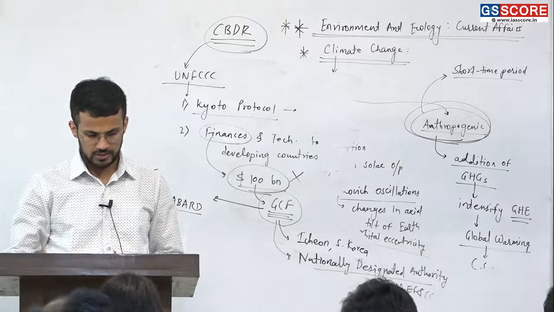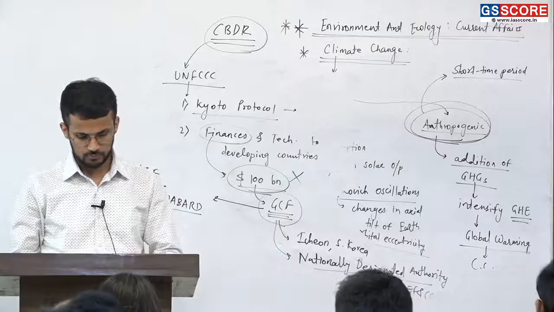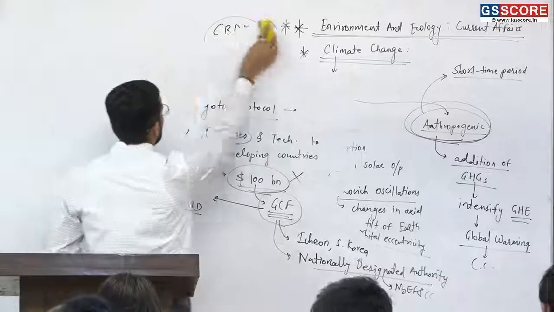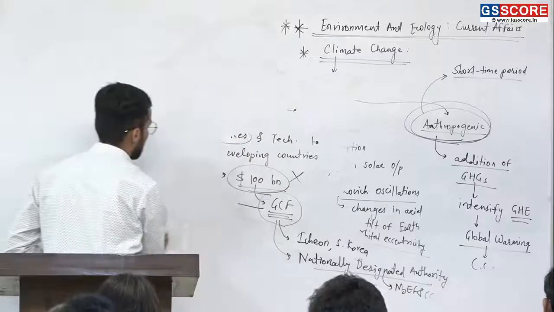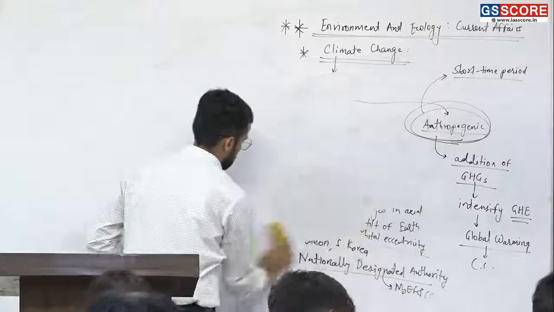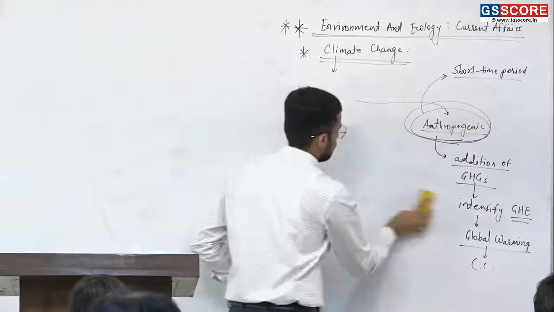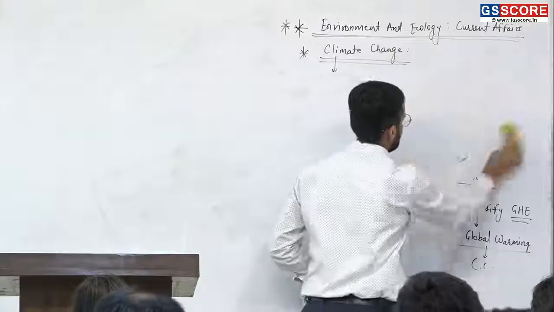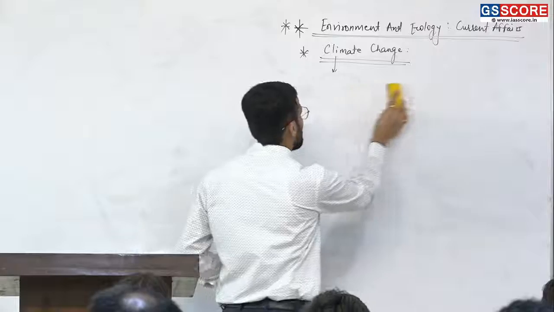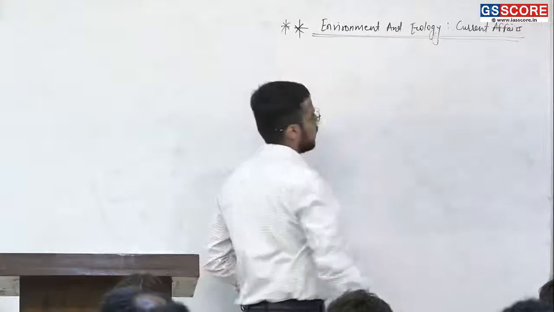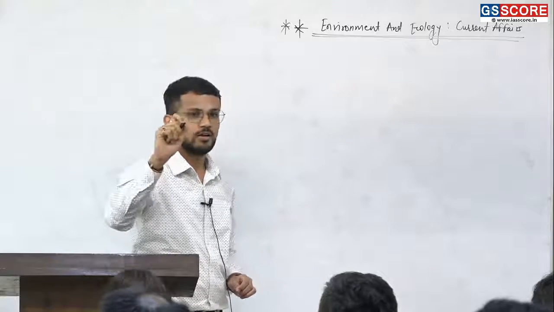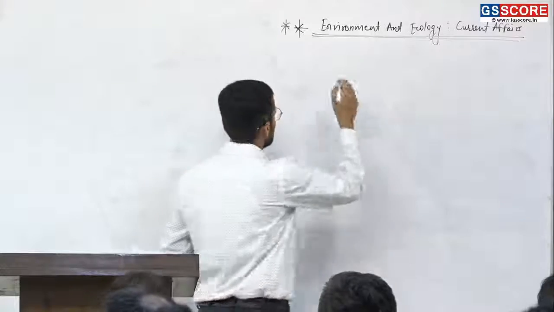Next is environmental pollution. Under environmental pollution, the first topic is related to microplastics. So what are microplastics? Microplastics are plastics whose diameter is less than 5 millimeters.